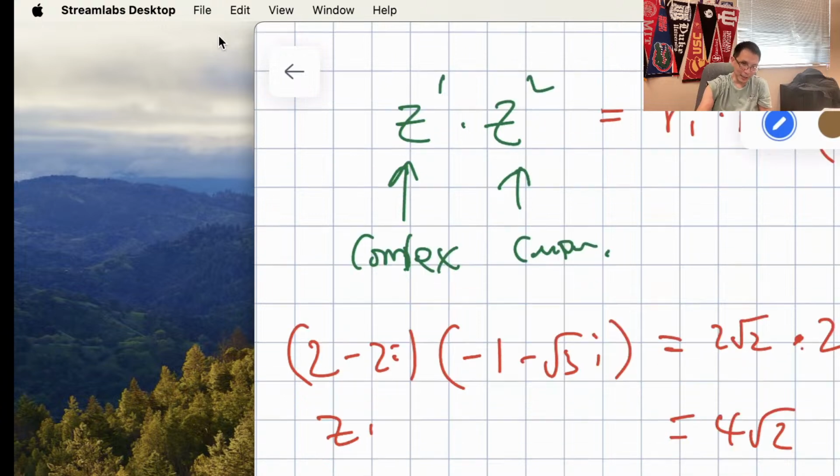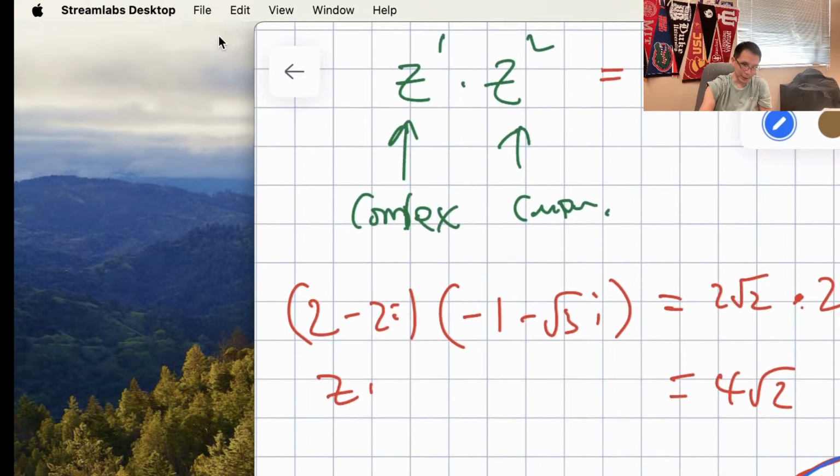Okay, so let's try this and then multiply algebraically, which is the easy way, but hopefully they come out to be the same. I actually never tried that before. I'm going to try it. So 2 times negative 1 is what? Negative 2, good. What's 2 times negative root 3 i?